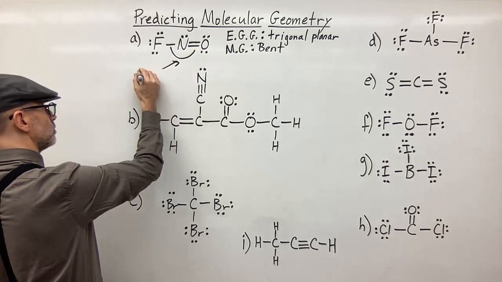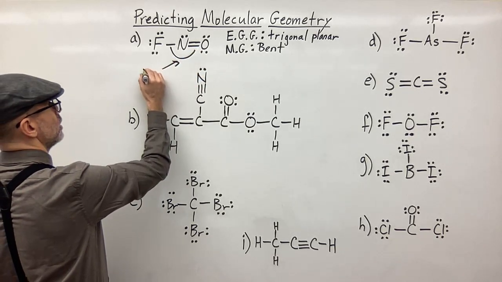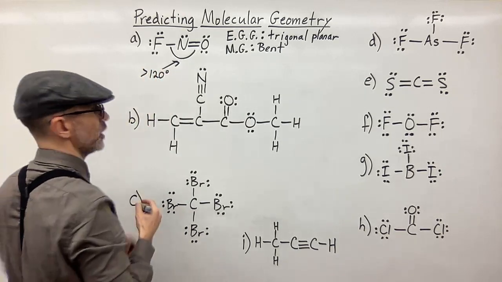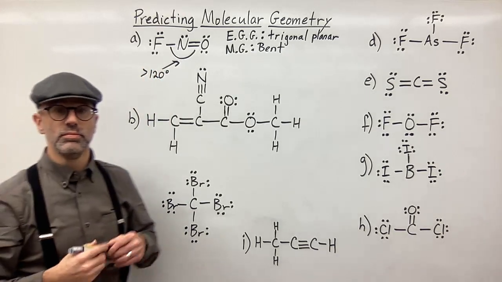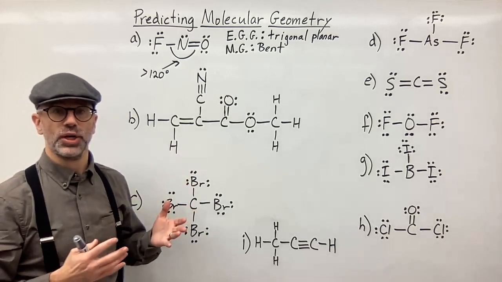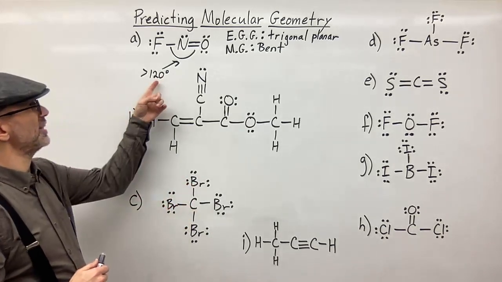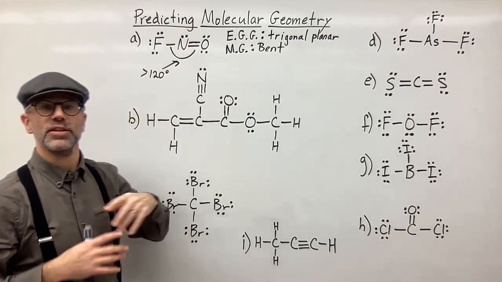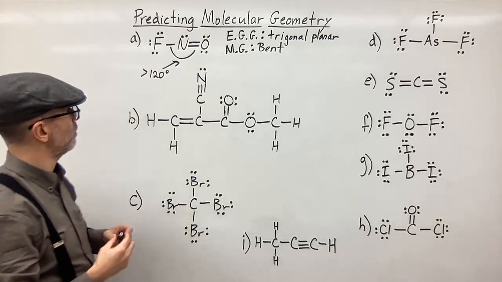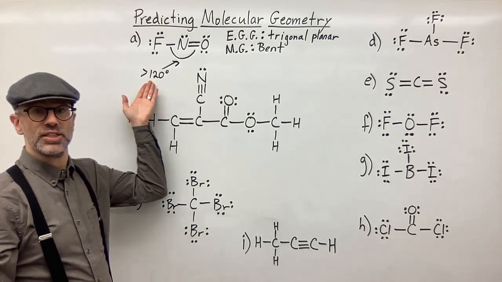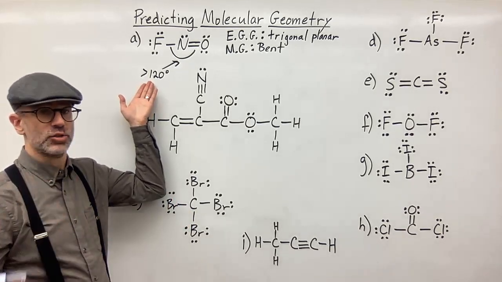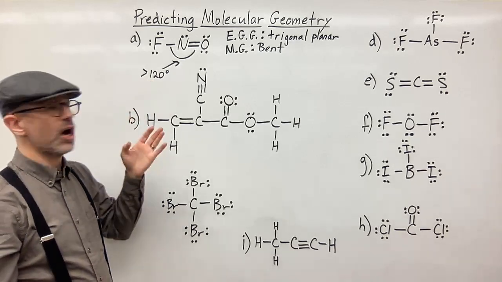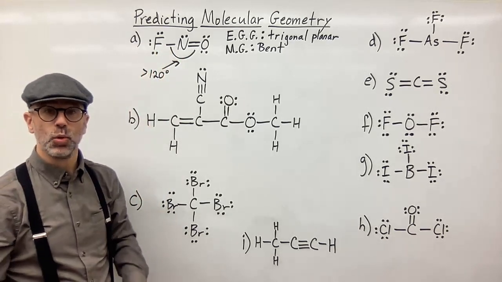It's going to be less than that because the double bond takes a little more space and the lone pair takes up more space. But if your teacher doesn't care about that, then 120 degrees would be the ideal angle if you want to go with that. Technically, it would be less than 120.